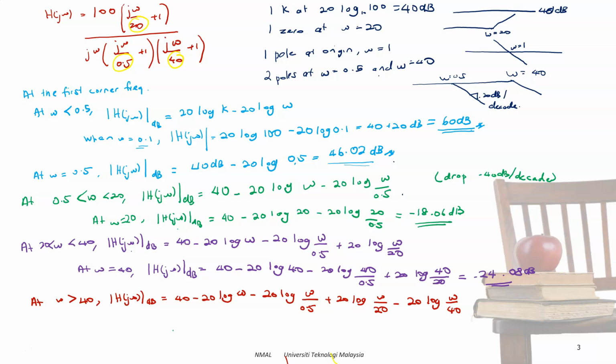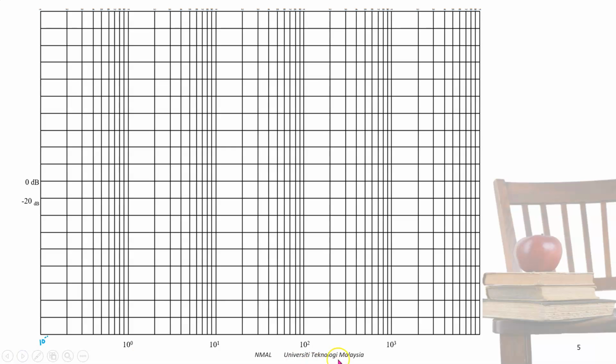Okay, so now we put one value. Let's say we want to end our plot at omega equal to 1000. Because this is a semi-log graph, we want to end the plot here at 1000.